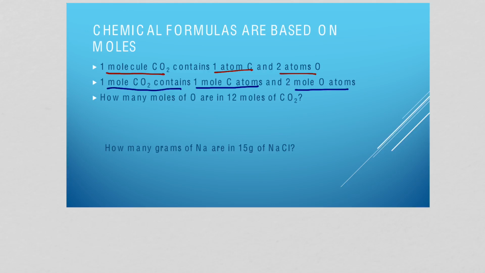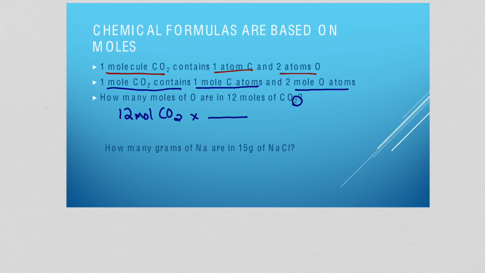Well, if we think about it, if I have 12 moles of CO2, and I know that if I look at the formula, every mole of CO2 will contain 2 moles of oxygen atoms.